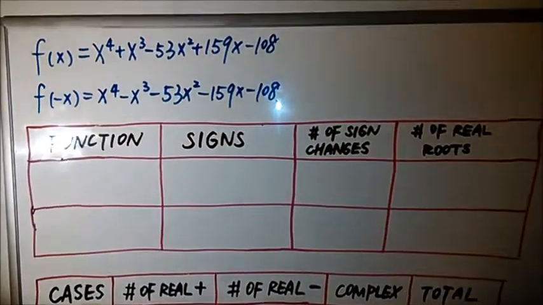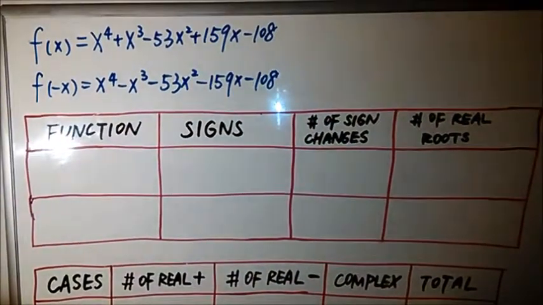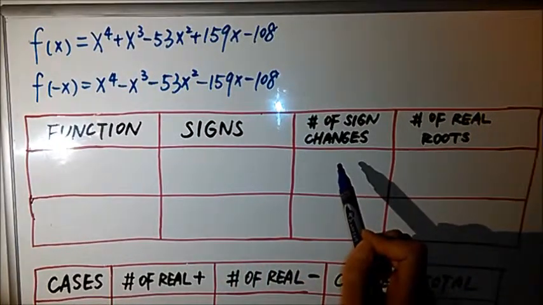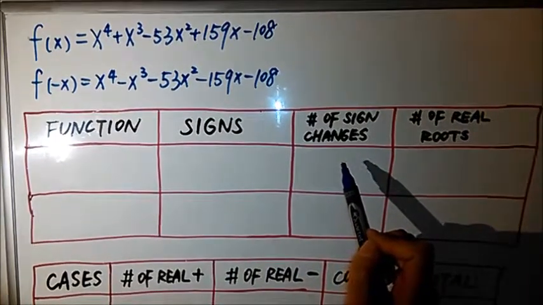First you're going to find f of x, and then f of negative x. What you're doing is finding the sign changes of f of x and f of negative x. You find the signs of them all, and then you get the number of times the sign changes.